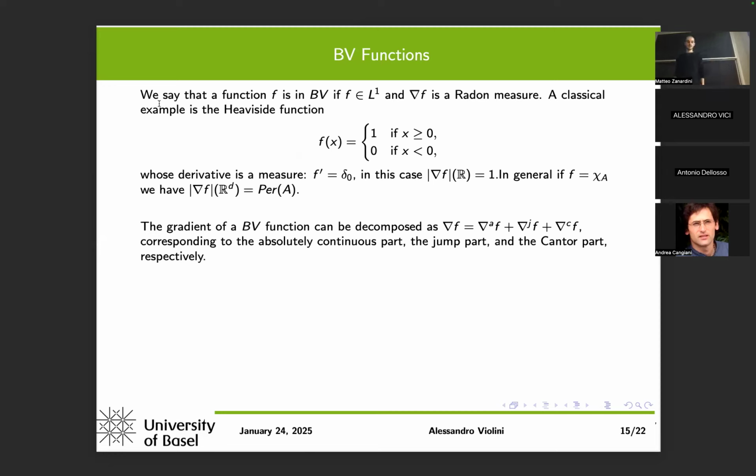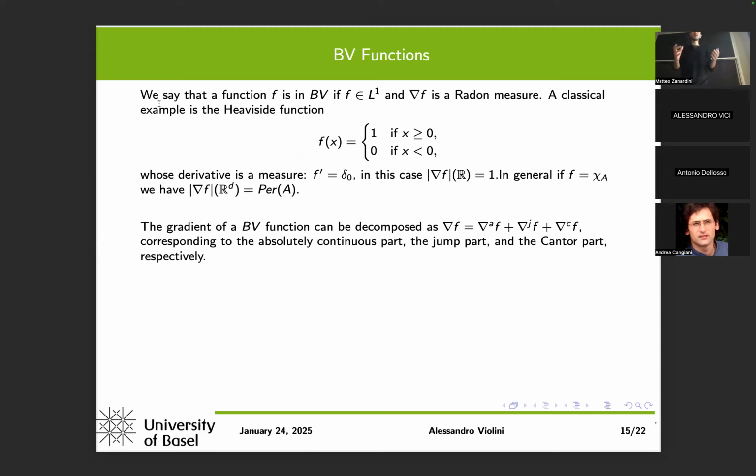Another basic fact is that if your function is BV, then this gradient can be decomposed in three parts, and this is a general property for measures. You have an absolutely continuous part, which is the regular part. You have the jump part as before, like in the Heaviside example, the set where you are jumping.